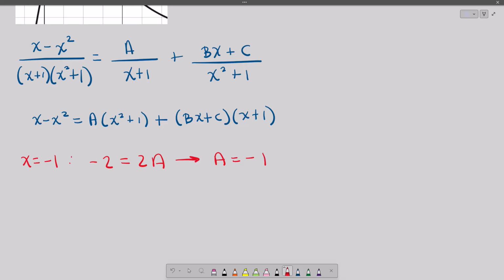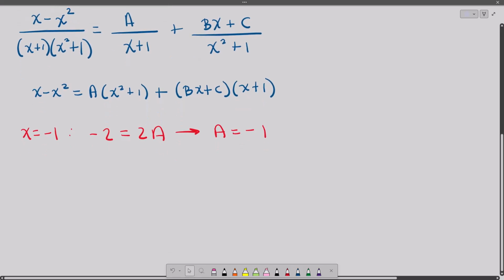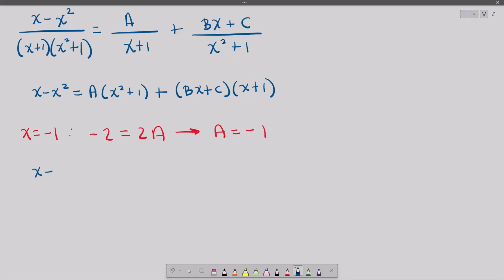Do we all agree with that? So here's how we're going to mingle the methods. Now we plug the a value back in, right there. And that's going to give us -x squared minus 1 plus, and over here I'll FOIL this mess out.